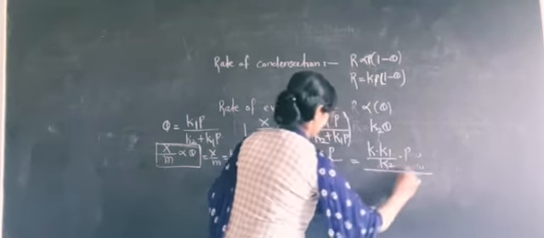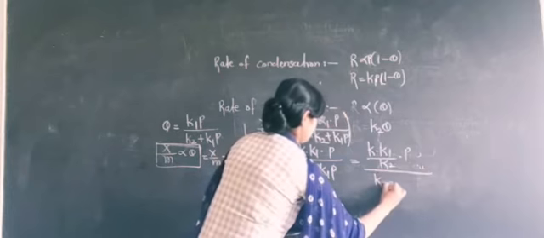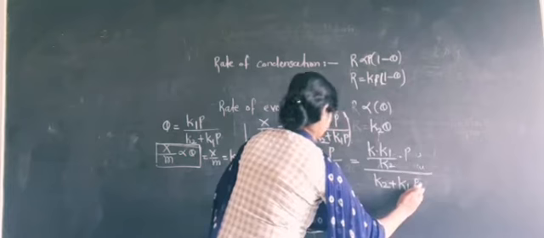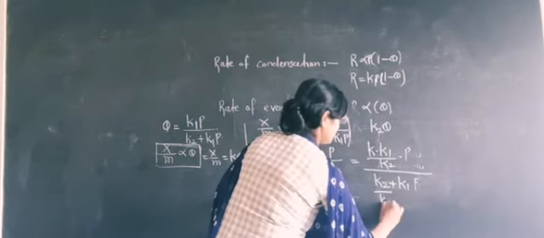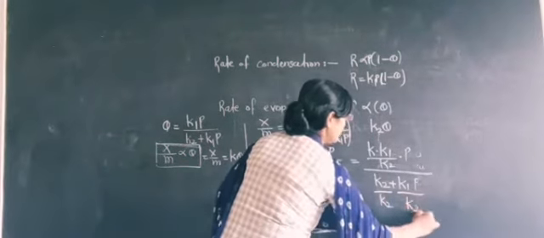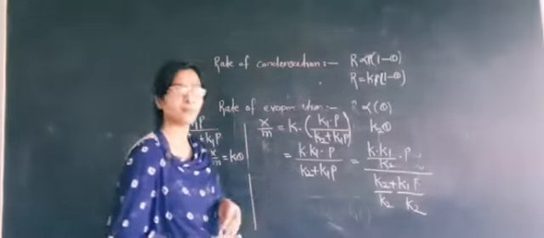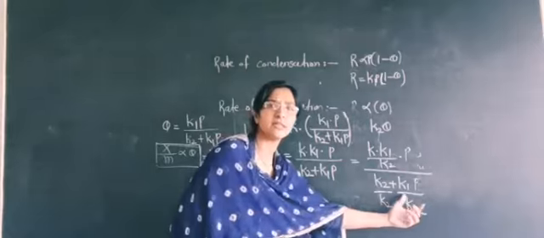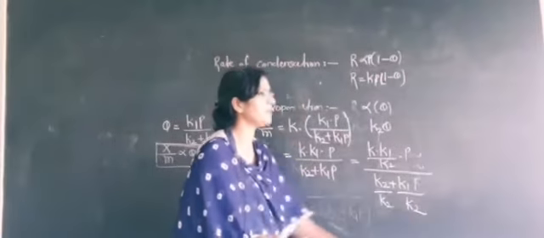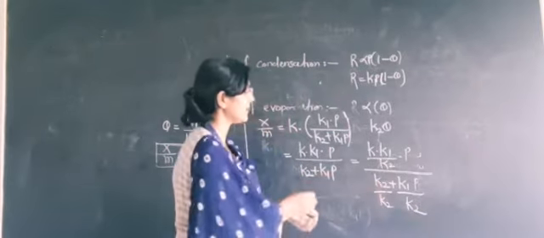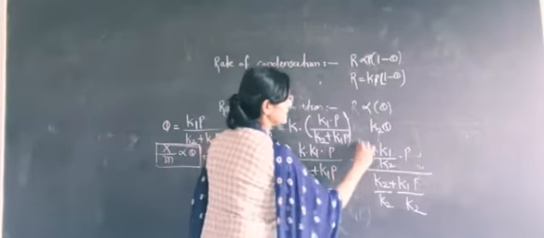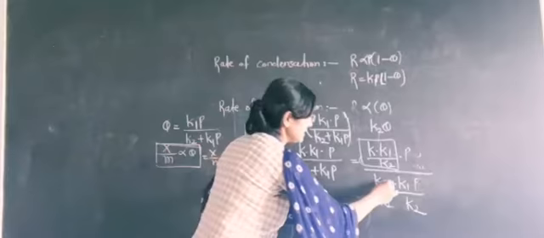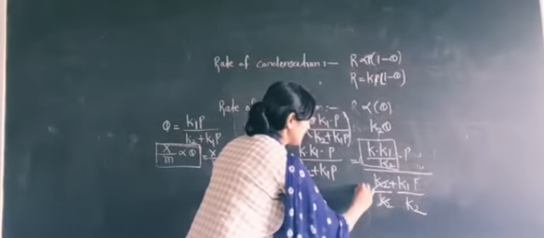Look at this: all the terms are constants. K2 divided by K2 gets cancelled and we get 1.